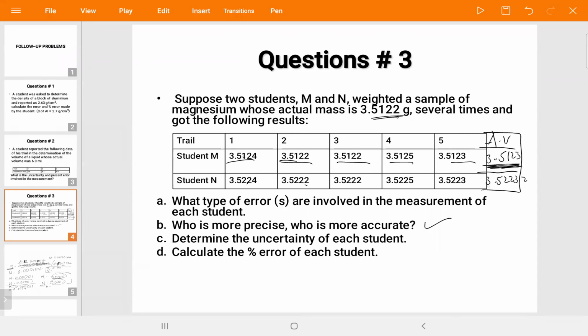Now, which is closer to the actual value, or this true value? If you look at this value, it is more close to this one than this one. So we can conclude that student M is more accurate than student N. Now, to decide which student has a precise measurement, we have to calculate the average deviation.